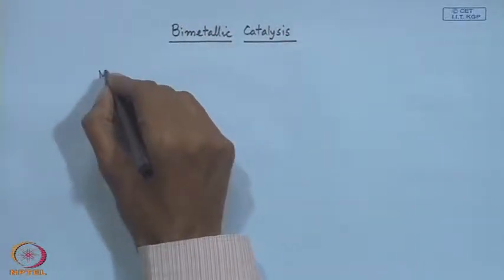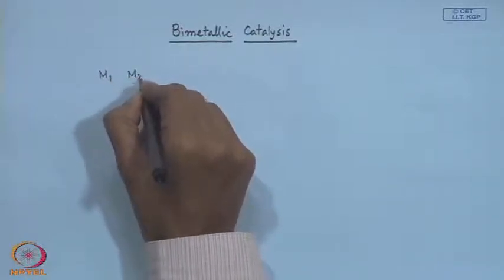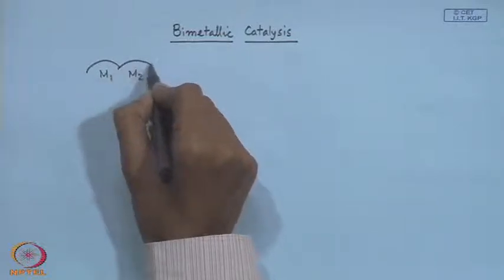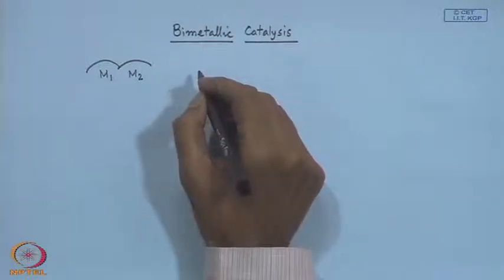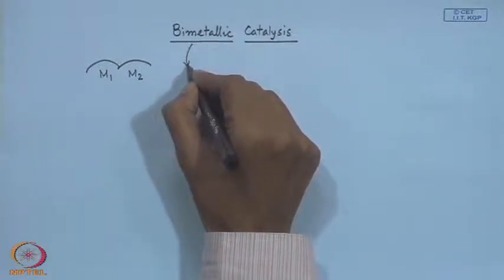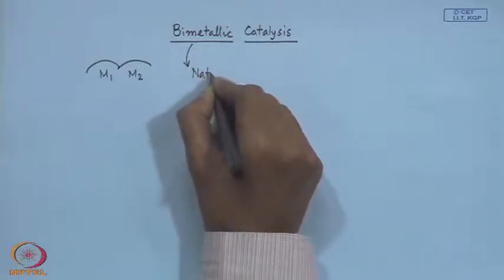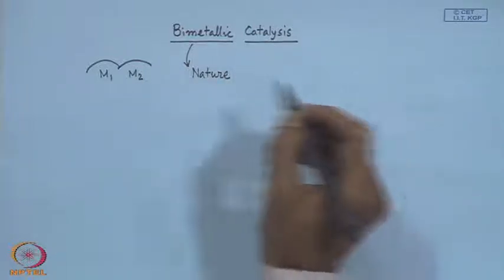centers, and basically while we study all this information, any particular motif, whether it is a biological motif or a synthetically prepared molecule, the two metal centers are present. So, whatever information we are getting, nature is giving that inspiration to know that particular thing.